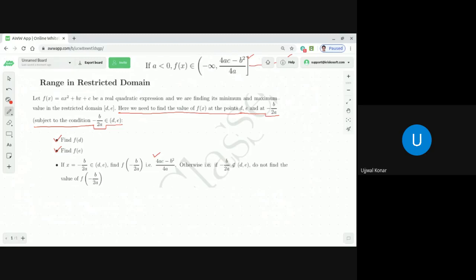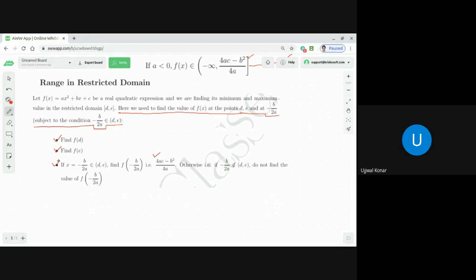And if we see that minus b by 2a is not within the interval d comma e, we will not find the value of f of minus b by 2a. So the first two are important, f(d) and f(e), and the third is important only if that minus b by 2a is in the open interval d comma e. Correct, my dear students?